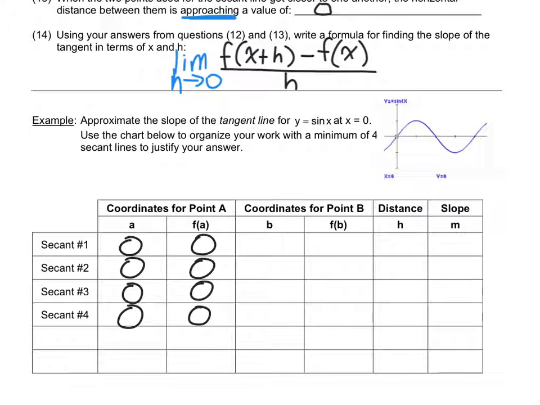If I had to put a ruler on it, like in 7th or 8th grade, if they said at 0, what do you suppose the slope of the tangent is? Draw lines. You probably slap your ruler on in some fashion, something like this, and then just kind of measure rise over run. That's a pretty good way to get an estimate of what the tangent line slope would be, but we want exactitude, right?